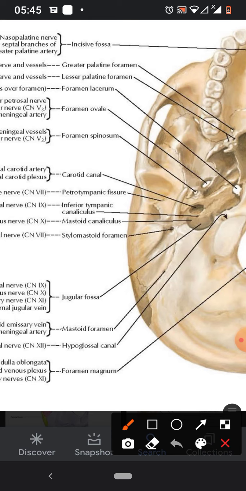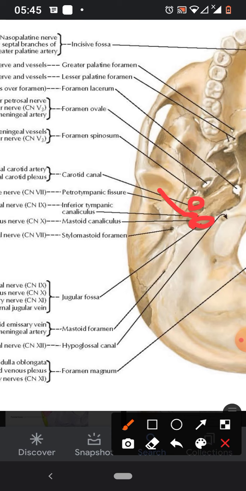Between the jugular foramen and the carotid canal, there is the tympanic canaliculus, and it is involved in the transmission of the glossopharyngeal nerve, which appears in the middle ear cavity. So the tympanic canaliculus is present between the carotid canal and the jugular fossa or jugular foramen, and it transmits the glossopharyngeal nerve, which appears in the middle ear cavity.